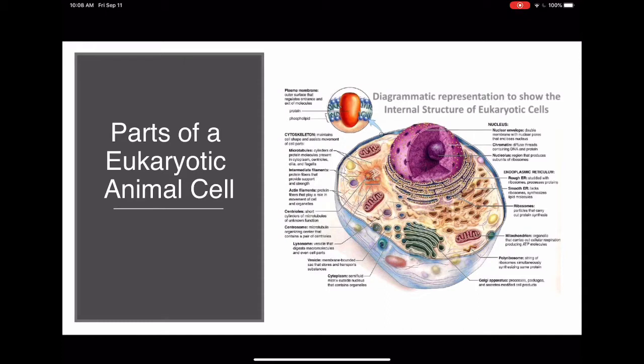As proteins are synthesized in the rough endoplasmic reticulum, they eventually move into the Golgi apparatus where they get modified and packaged for transport to wherever they need to go, whether it's the cell membrane or if it's secreted by the cell to the external environment.